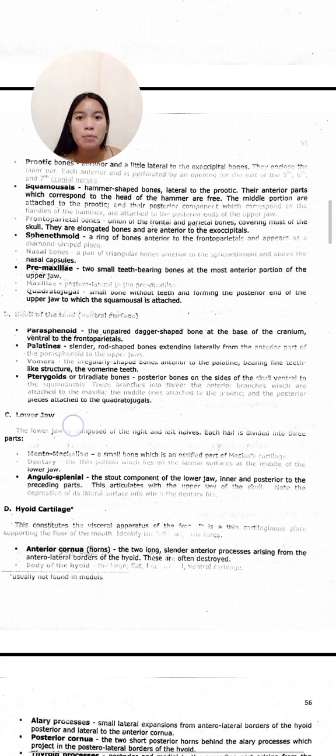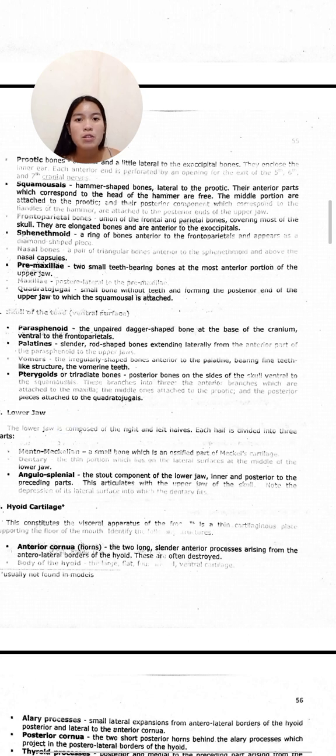They are elongated bones and are anterior to the exoccipitals. In other term, squamosal bone is a skull bone found in most reptiles, amphibians, and birds. In fishes, it is also called the pterotic bone. So ang squamosal bone makita nato ni siya sa reptiles, sa amphibians, and especially sa mga langgam. Ang mga langgam naay squamosal bone.